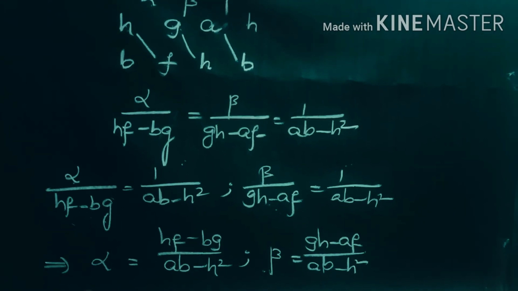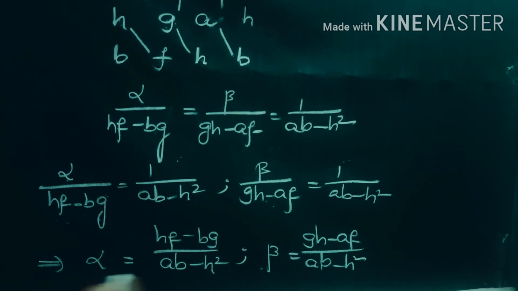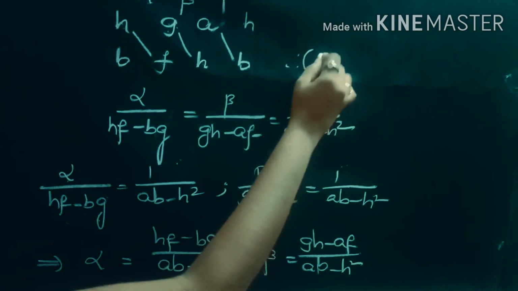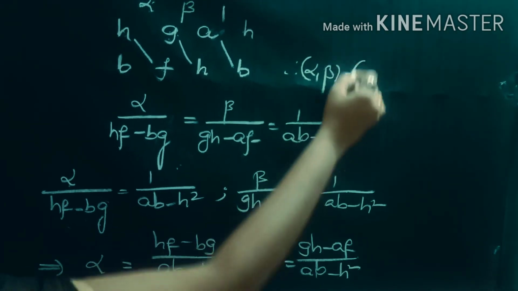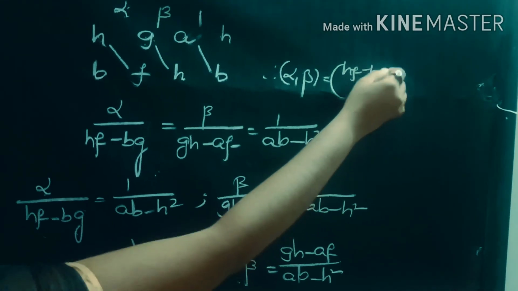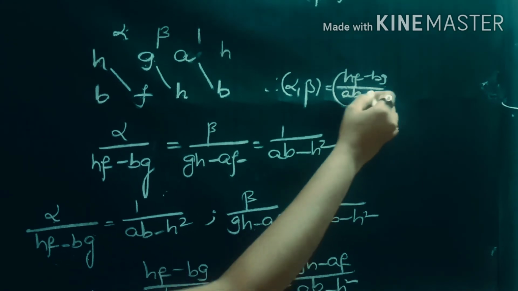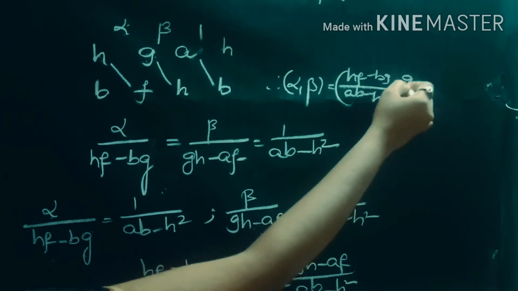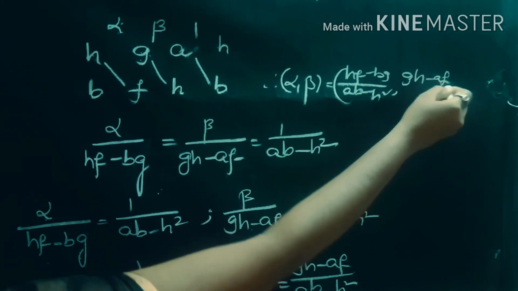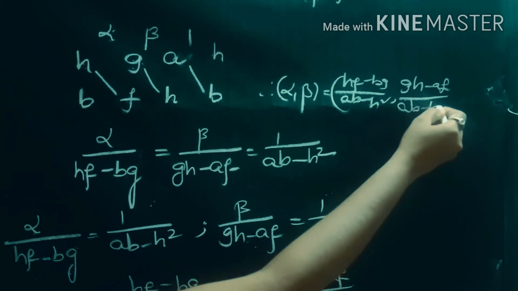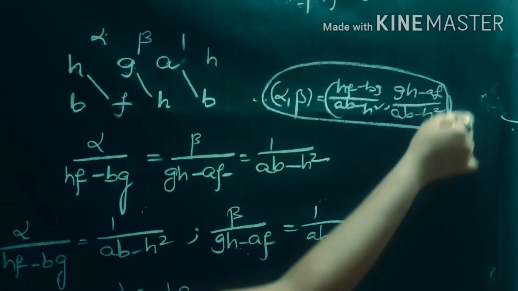Therefore alpha, beta is equal to hf minus bg by ab minus h square, comma gh minus af by ab minus h square, which is the required answer.